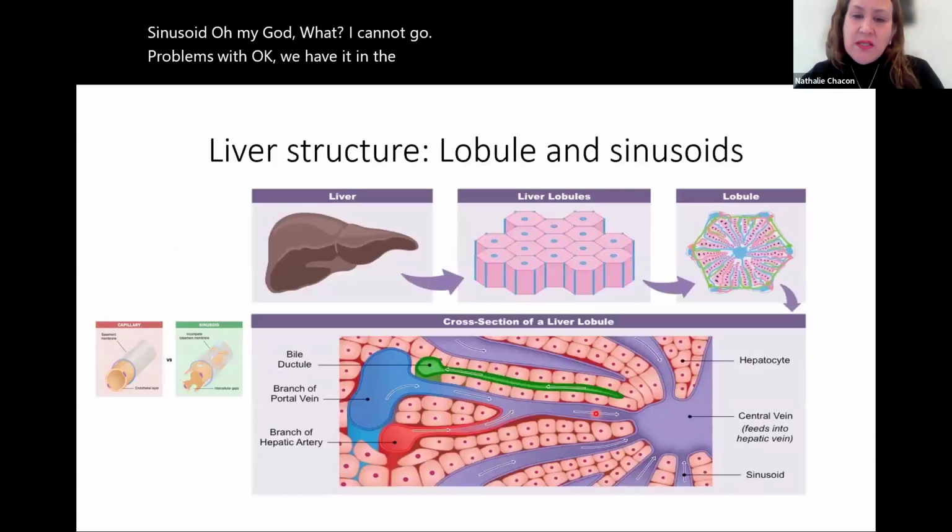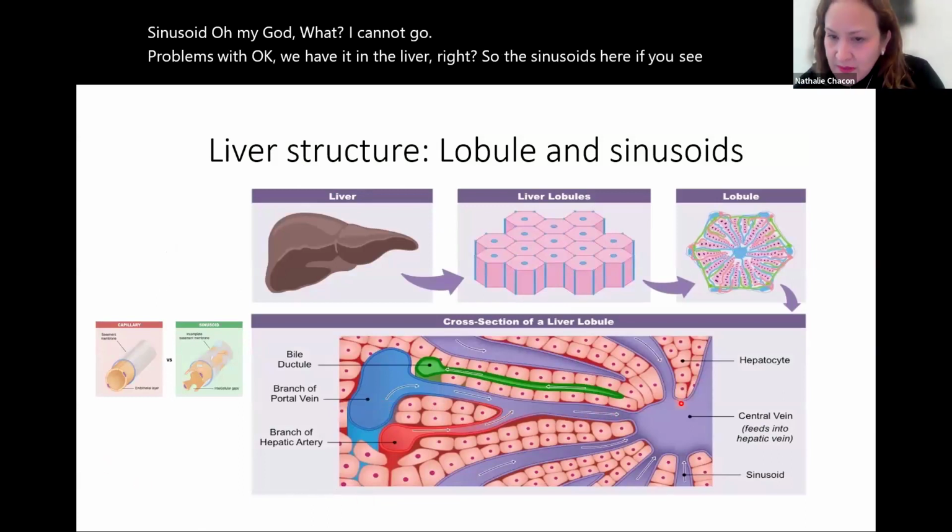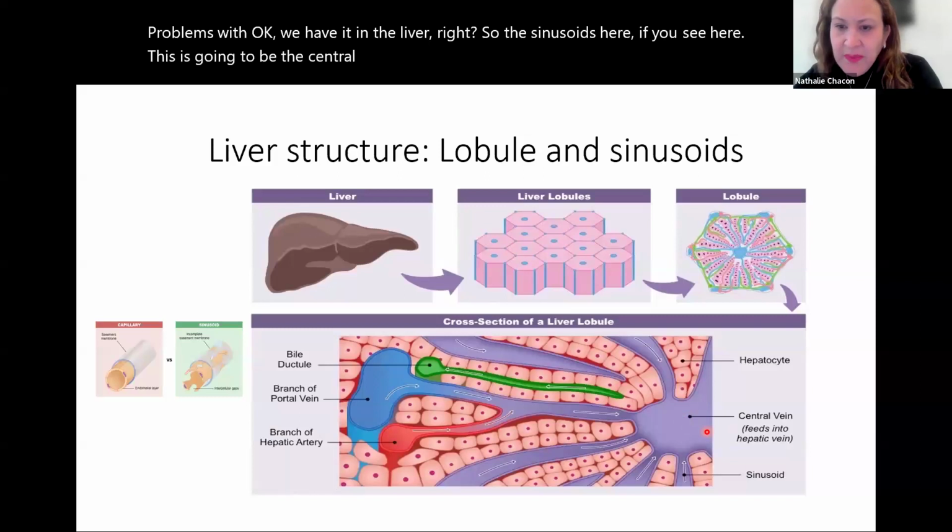So the sinusoids here, if you see here, this is going to be the central vein that will feed the hepatic vein of the liver in the middle of the lobule, right?